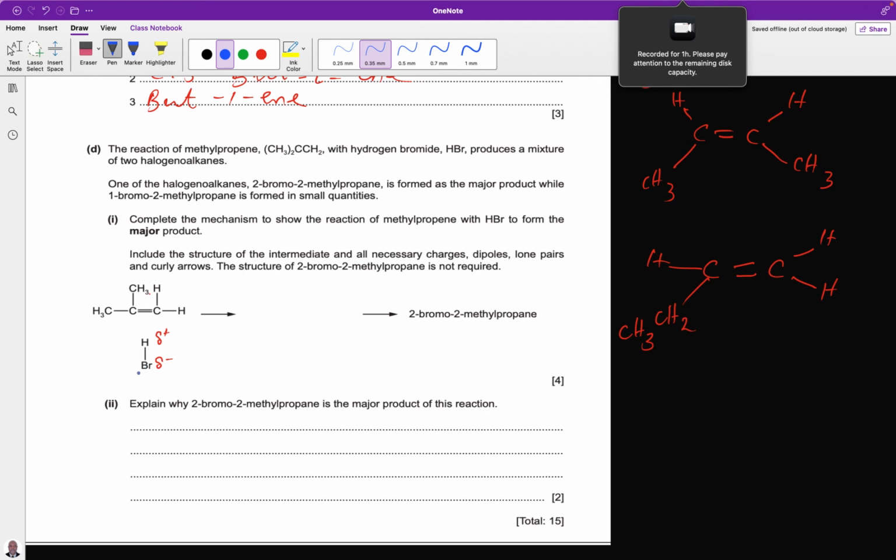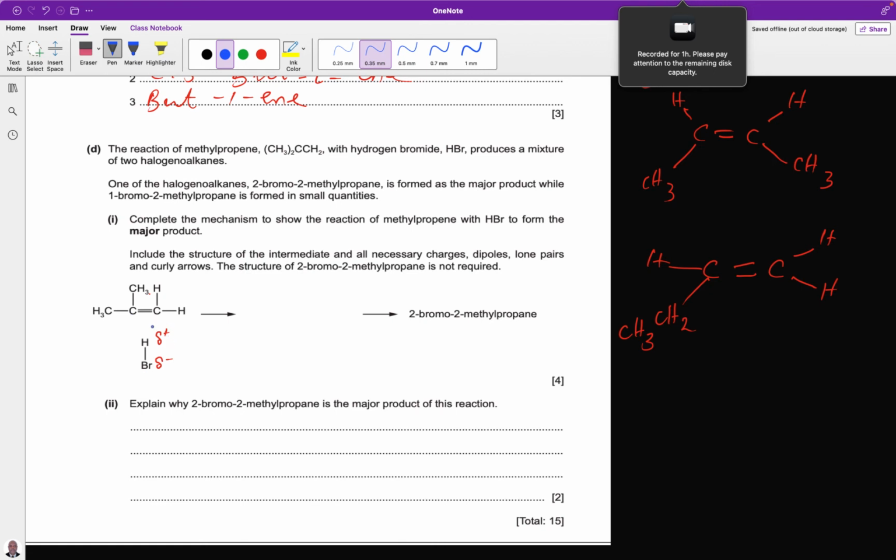As the pi electrons come closer to the hydrogen bromide bond, there is repulsion, and the bonding electrons here are repelled towards the bromine.